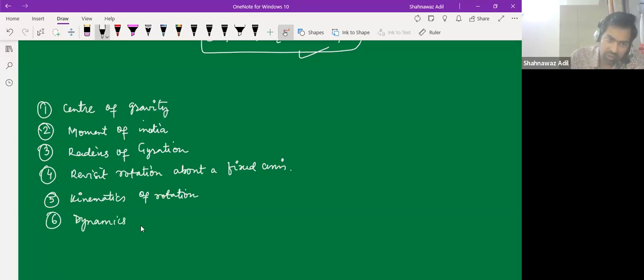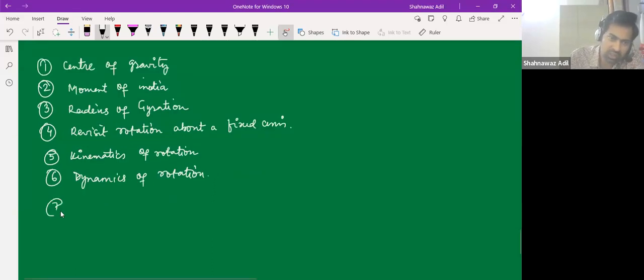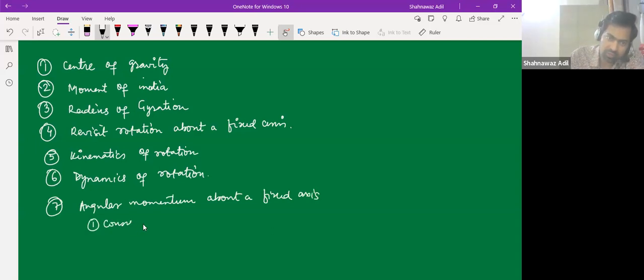And then we'll see what is the angular momentum about a fixed axis, and conservation of angular momentum. So we will do all these topics.